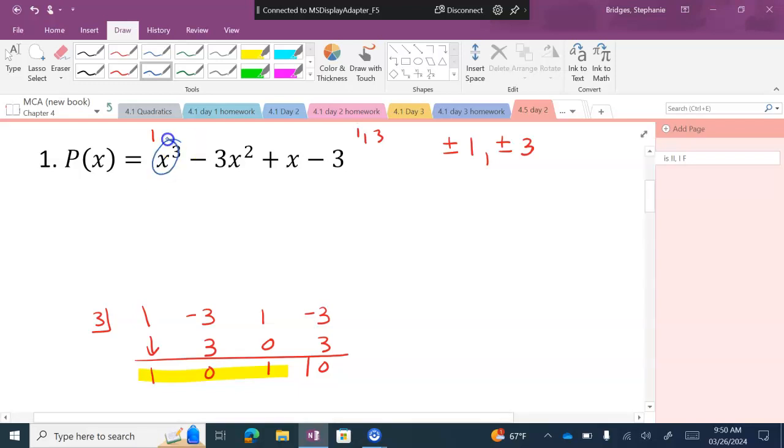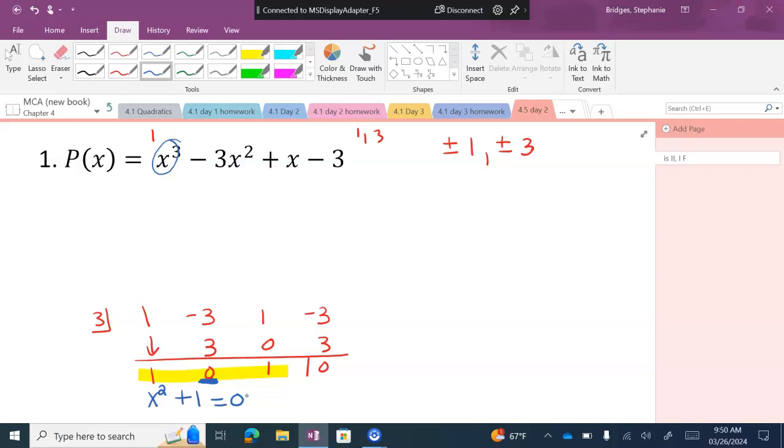We started with x to the third, so this one is going to be a 1x squared, and then I would have how many x's? 0, right? And then what kind of 1 would be there? Plus 1. Okay, and then I'm going to set that equal to 0. That is my quadratic that is left over after I find that 3 is one of my solutions. That's step 3. Make a little bit of sense?